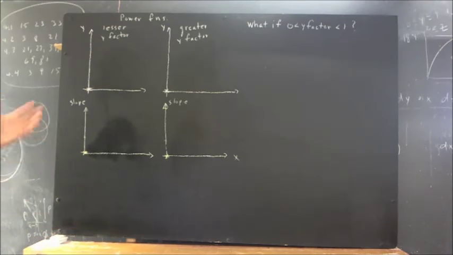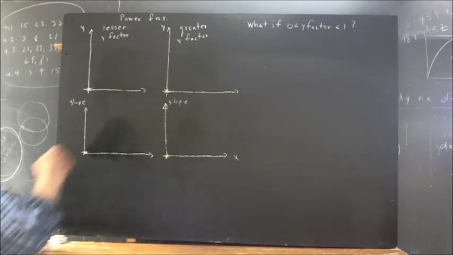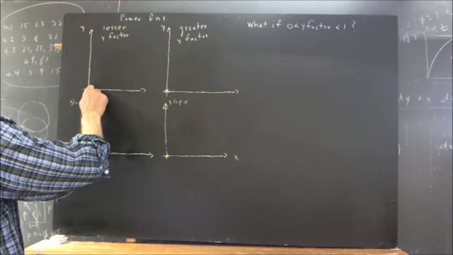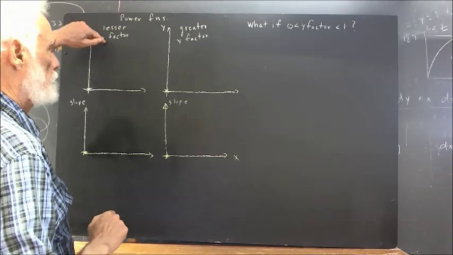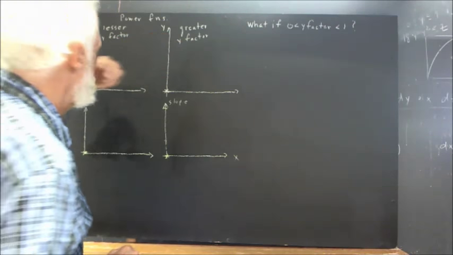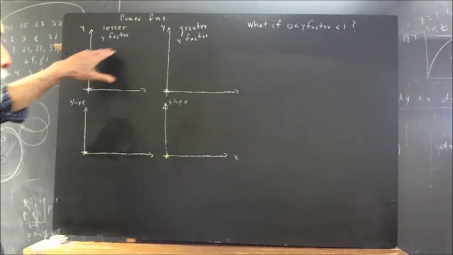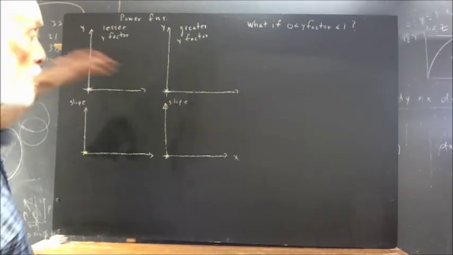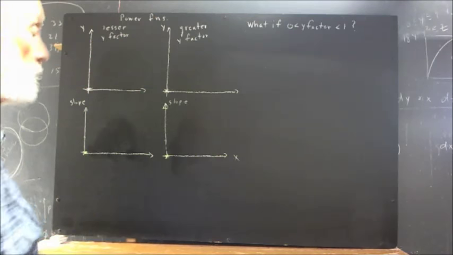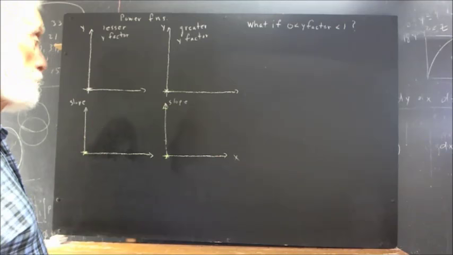Okay, we've done this with estimated numbers, but I just want to draw a couple of graphs. One that would be characterized by a lesser y factor, one by a greater y factor, with both y factors bigger than 1, so that the graphs are actually increasing. Remember, if the y factor is less than 1, the graph decreases.